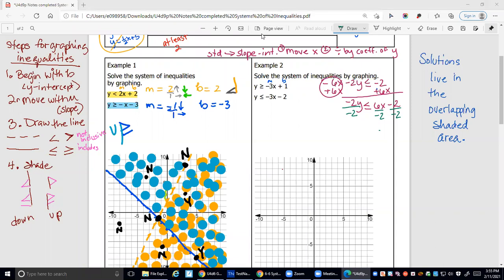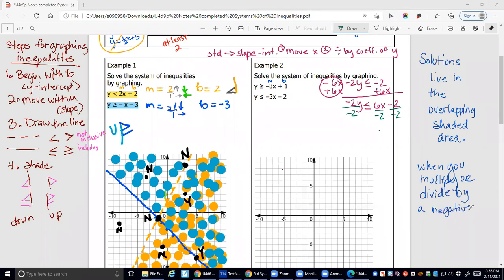Absolutely, when you multiply or divide by a negative number, you must flip the inequality.